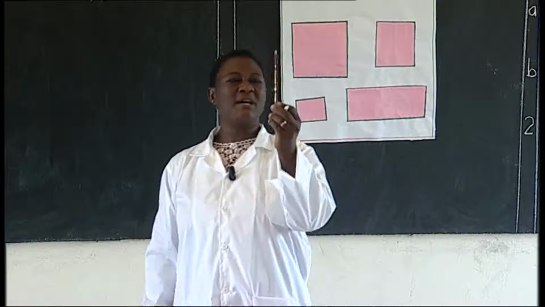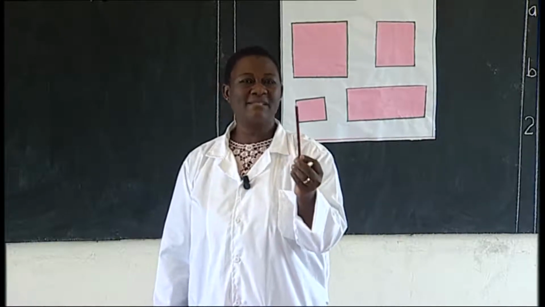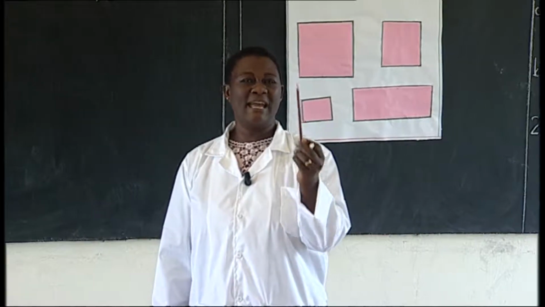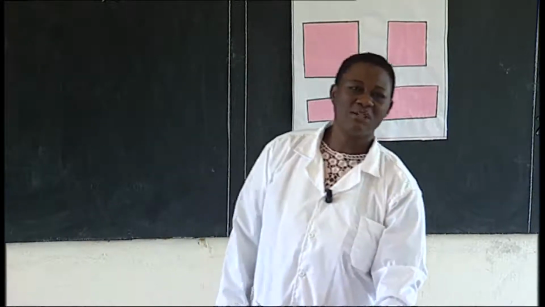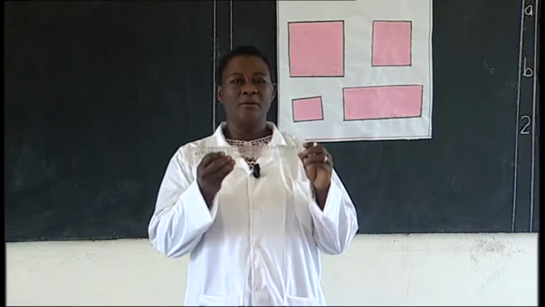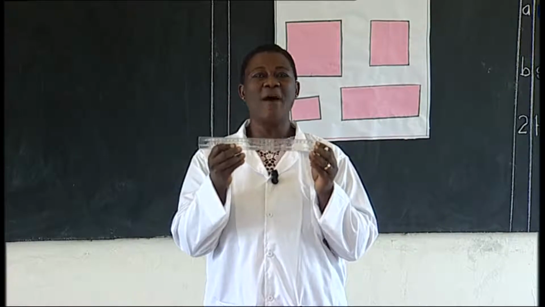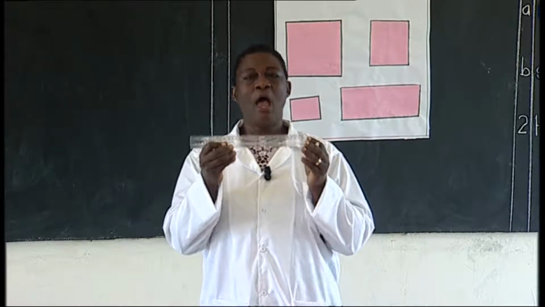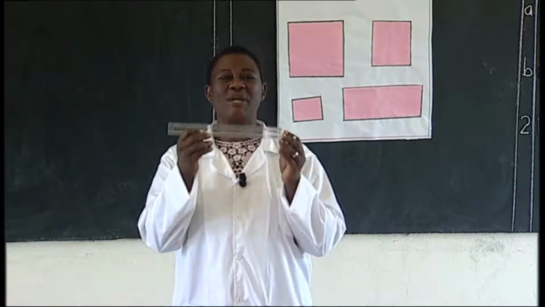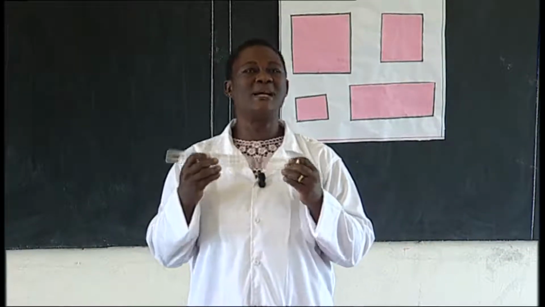Then you also need a pencil to draw the lines or to join the lines. We shall also need a ruler. This ruler, we are going to use it when we are measuring. Measuring helps us to get the size we want and not to waste the materials.